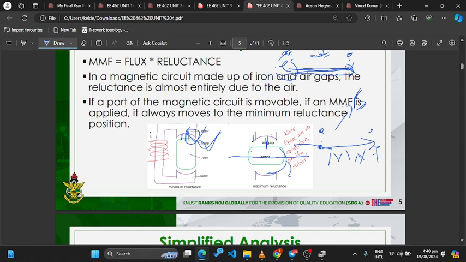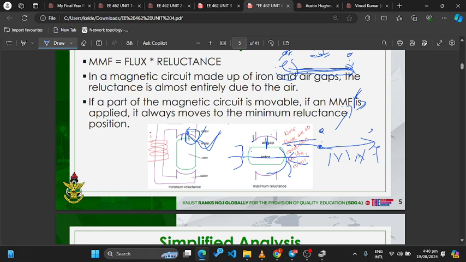Then I was saying that this is just showing two poles. You can have four poles, you can have six poles. Each of them at any point in time would like to have least reluctance. So it's possible that it is having the least reluctance with a certain pole, but maximum reluctance with another pole.